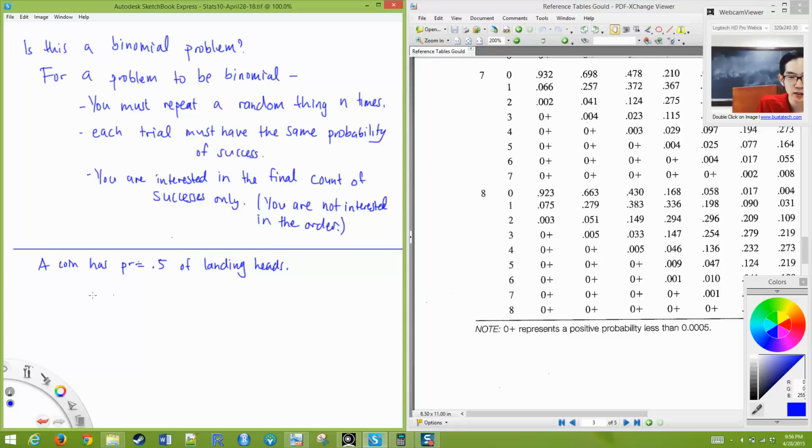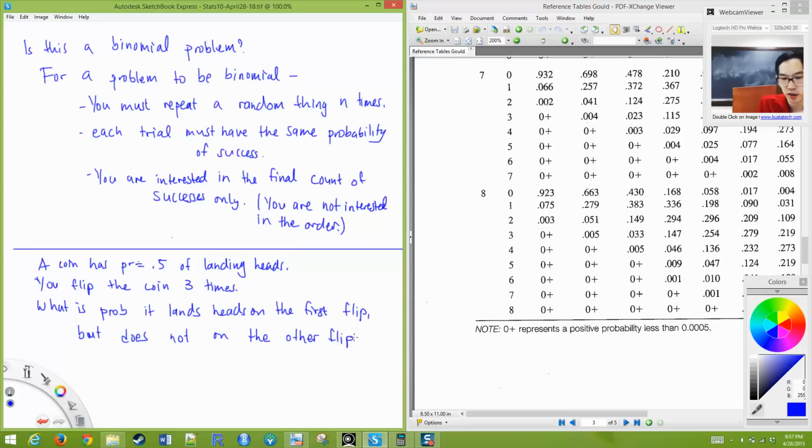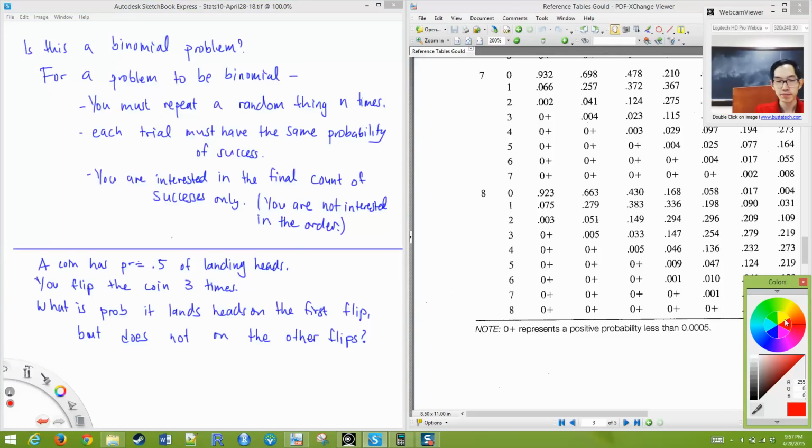So what kind of problem is this? This is a regular probability problem, like you saw in the quiz. So the first flip has to go heads, and then you have to go tails, and then you have to go tails. So the probability of getting heads is 0.5, probability of tails is 0.5, probability of tails is 0.5, and we get the answer of 0.125.